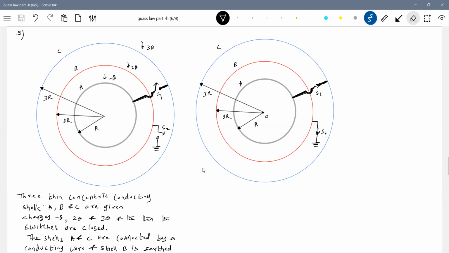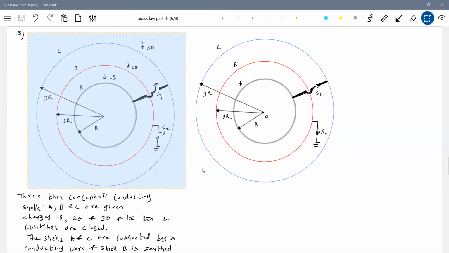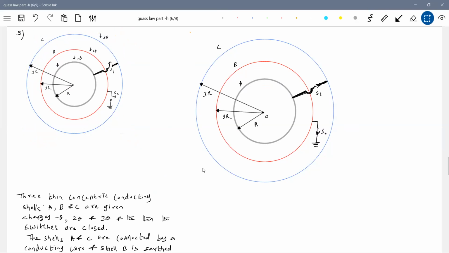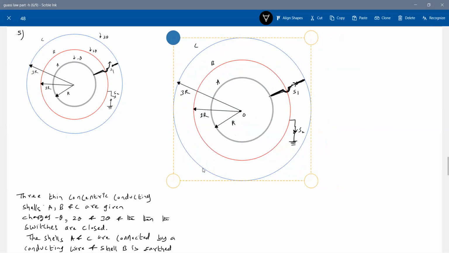Okay, read the question. I'll make the diagram small so that we can write the equations. We'll have this diagram.